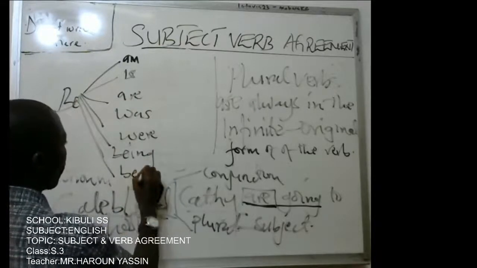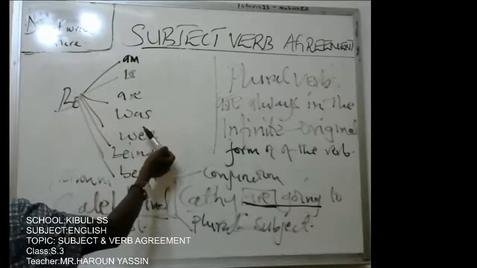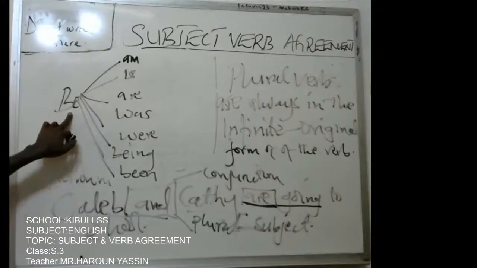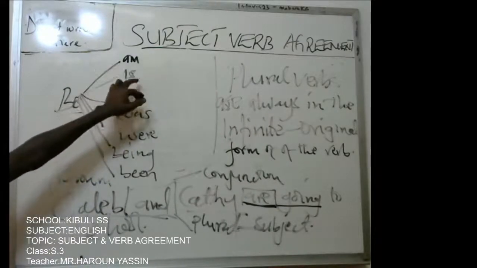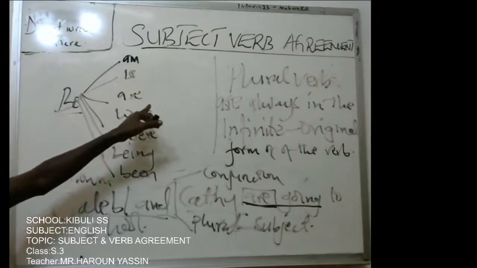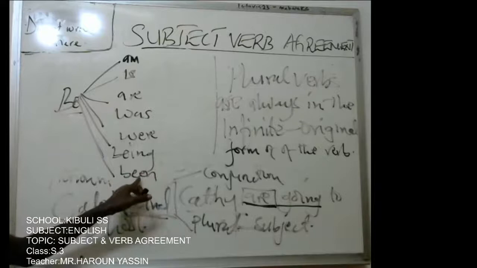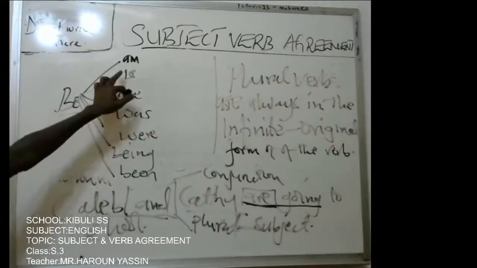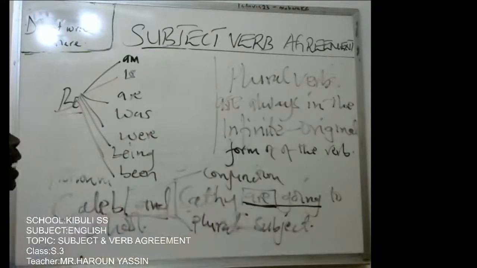Let me see, 1 2 3 4 5 6 7. Yes, these are the different forms of the verb to be. So anytime you see am, is, are, was, were, being, or been, you know that you are looking at the verb to be.